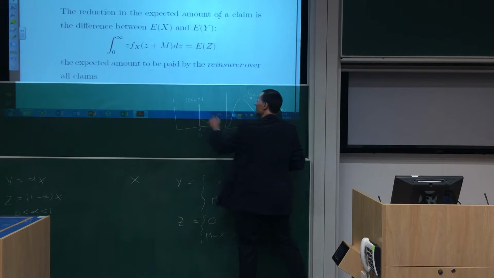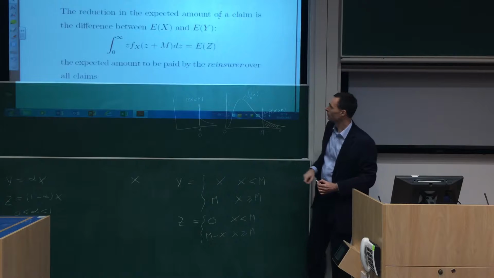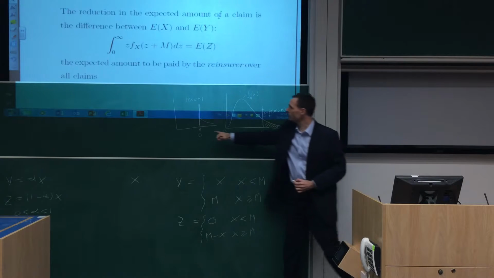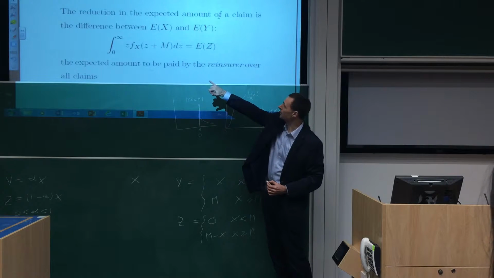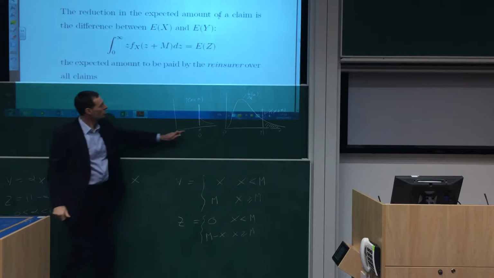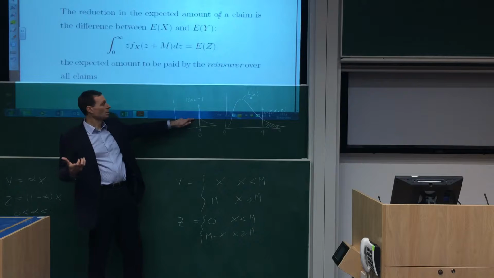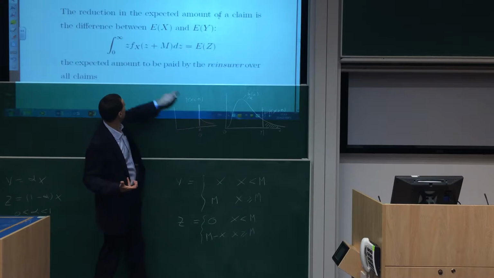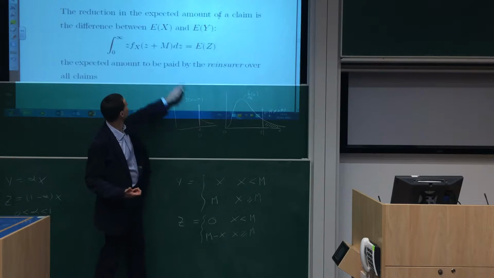And when X is greater than m, Z follows this distribution with the same shape, but rather than starting at m, it starts at 0. So that's what we're doing. And this expectation just has a term missing here, which is 0. So to get the definition, we would do 0 times the probability that X is less than m, plus this curve here, which is f of x, but it's not f of x starting at 0, it's f of x starting at m and going onwards.